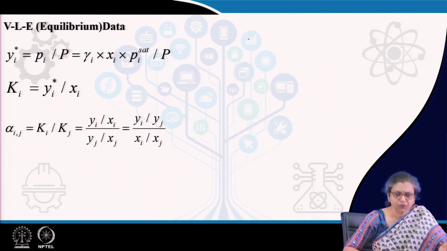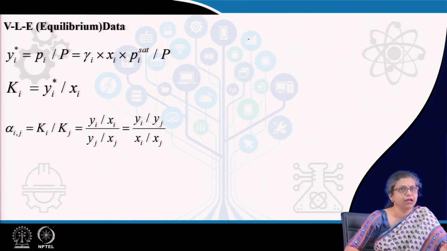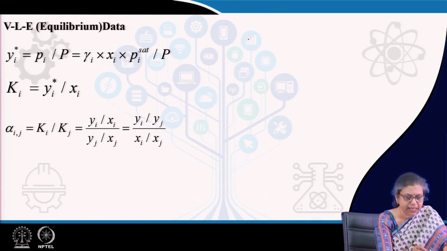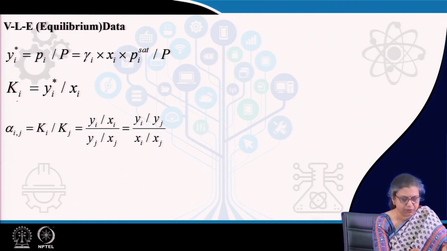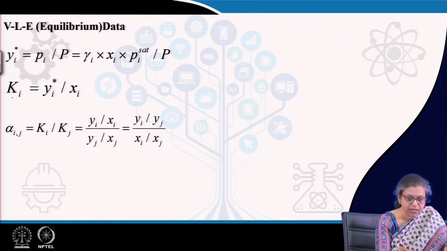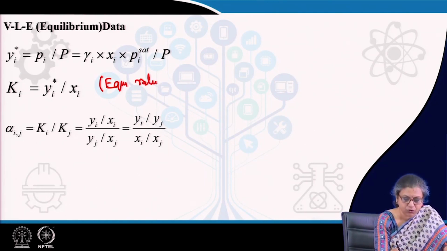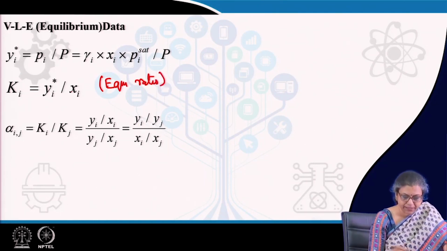So, this was the vapor liquid equilibrium, and I would also like to mention that it is not only that we find y_i from x_i. Very frequently, we express the vapor liquid equilibrium data in terms of an equilibrium ratio K_i, which gives the ratio of y_i by x_i.